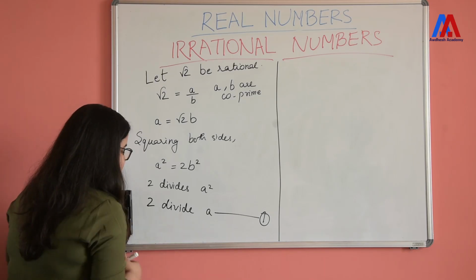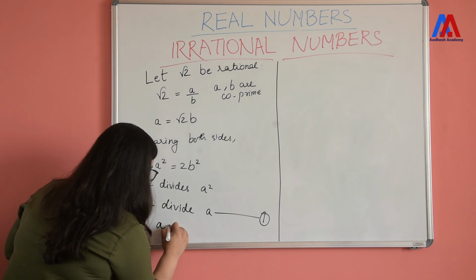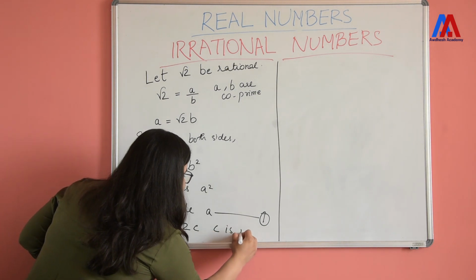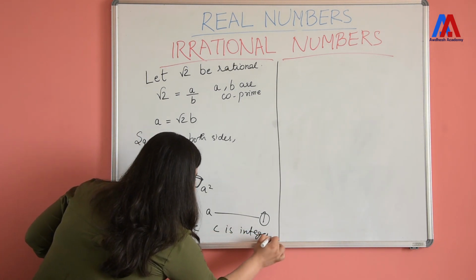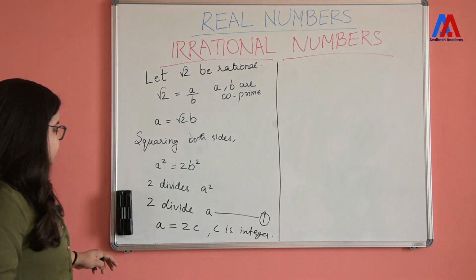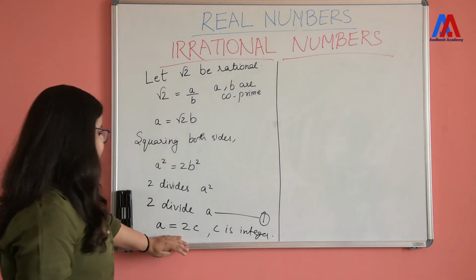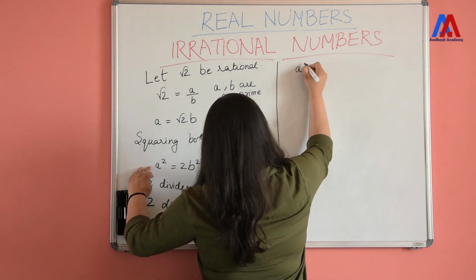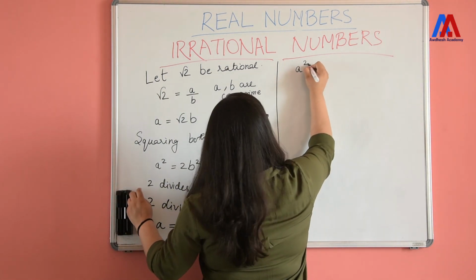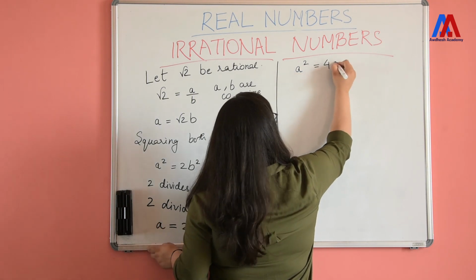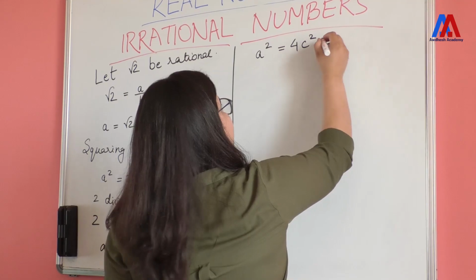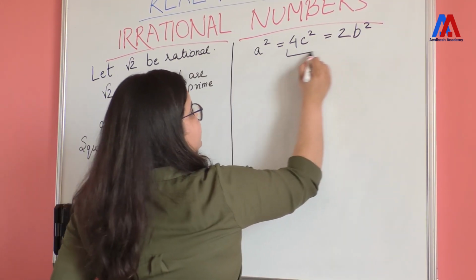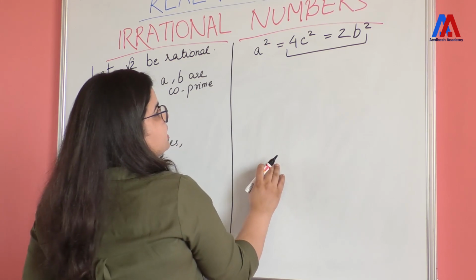Now, let this be our first equation. From this we can write a as 2c, where c is some integer. Now, we can substitute this value of a in this equation and we will get a square equals 4c square is equal to 2b square. Now, we will just take this part of the equation.